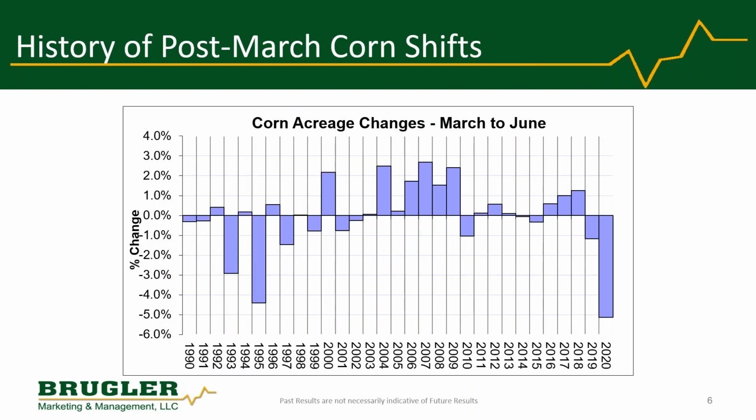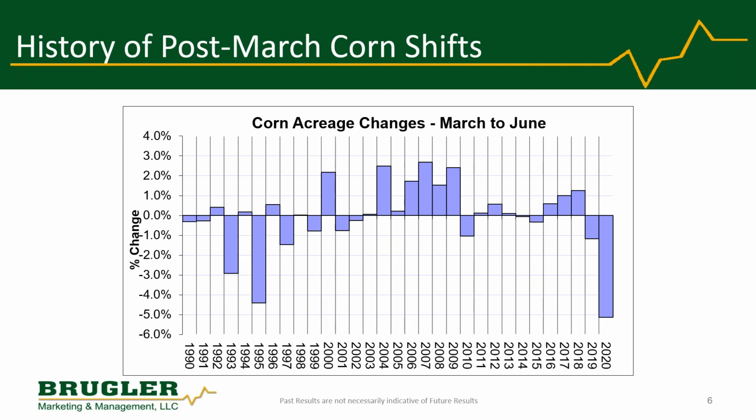Next slide, please. This focuses specifically on the corn in the March to June changes. Of course, last year with the wet conditions, 2019 we had the flooding, but we knew it early, and the acreage estimates were low from the get-go. In 2020, it was more rain and extended rain, and we ended up not planting some ground that we thought we were going to plant in March.